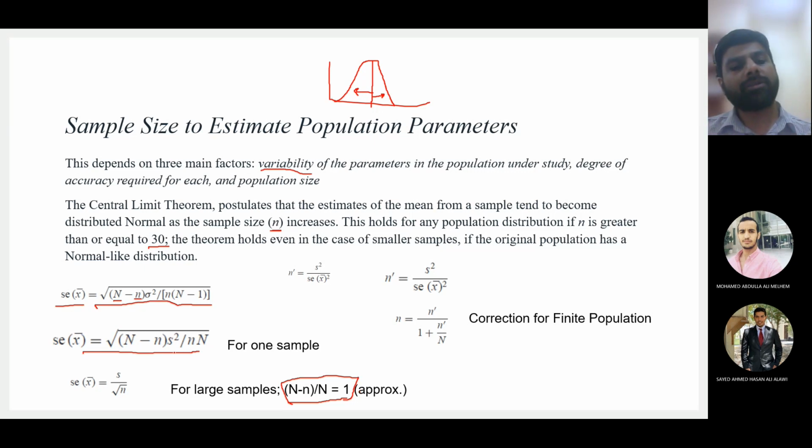If you put this entire ratio equal to 1, then the final equation becomes very simplified. So this was the initial equation which can be applied to a number of samples, then the simplified form for one sample, and then in that simplified form we replace the ratio N minus n upon N with 1, and we got this simplified equation.